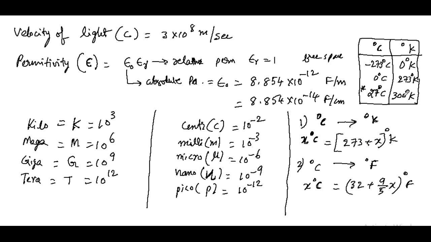So wherever room temperature is mentioned, take 27 degrees Celsius, and in kelvins 300 degree kelvins. These standard values we have to use within the subject. That's why I wrote these values here. So please take this.